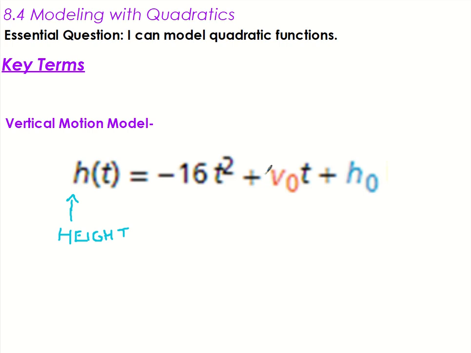This v is the initial velocity of whatever the object is. And then this h right here represents the initial height of the object. All right, so you'll just need that information.